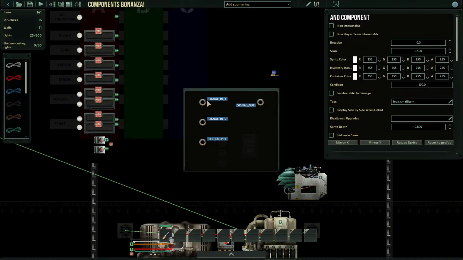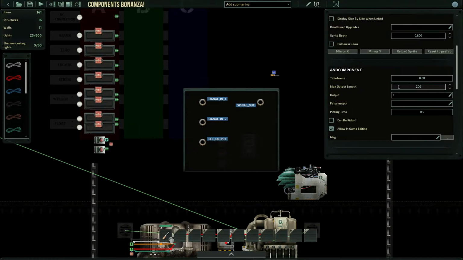So strings A, B, C, D, E, F are interpreted as true, I believe. I'm going to have to double check that one. But the point is that these two ports interpret the incoming signals as logical values, and if they're both not 0, then this output is whatever the true output is here.